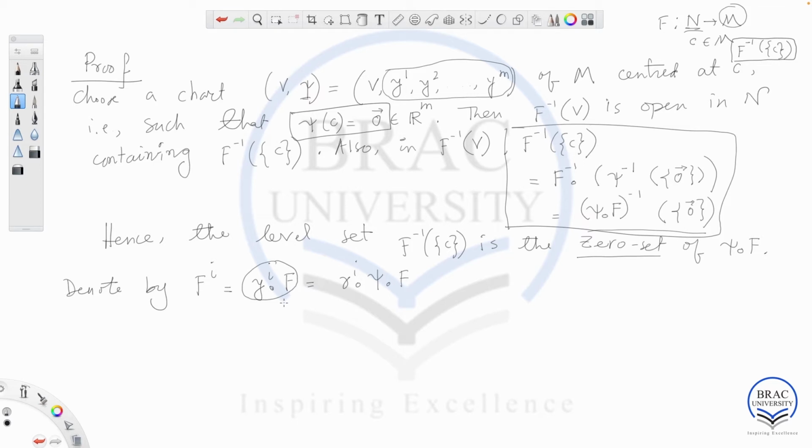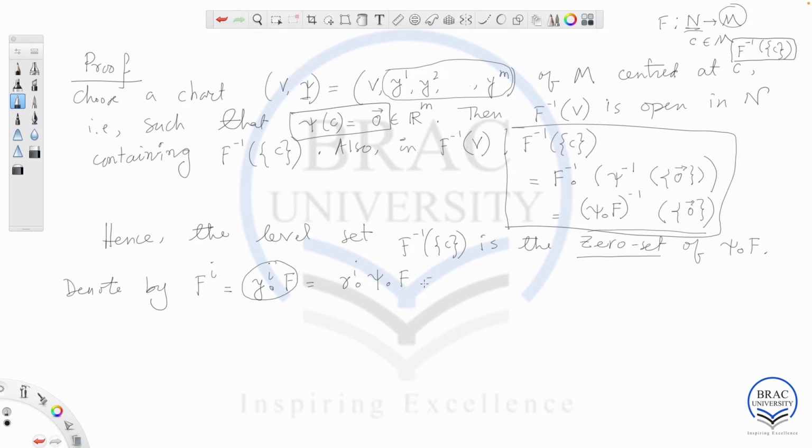Here the r_i's are the standard Euclidean coordinate functions, which pick up the ith component of an m-tuple from the Euclidean space.